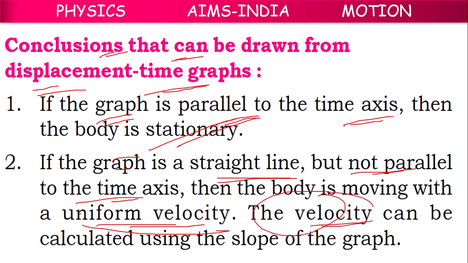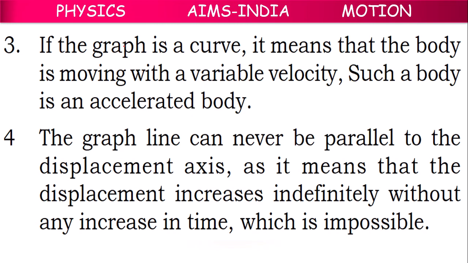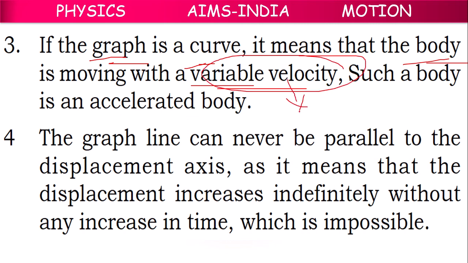That uniform velocity can be calculated with the slope of the graph. If the graph is curved, the body is moving with variable velocity. Velocity is changing, so there will be acceleration. We can call the body an accelerated body.